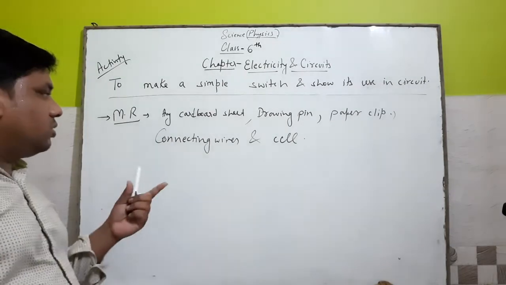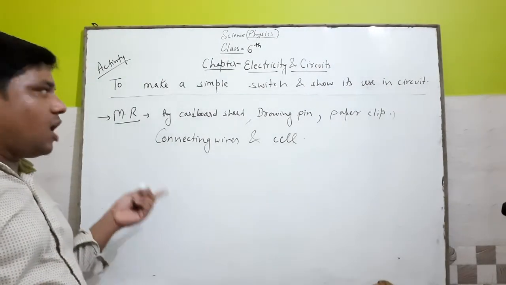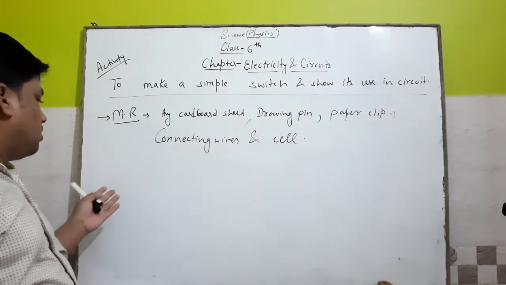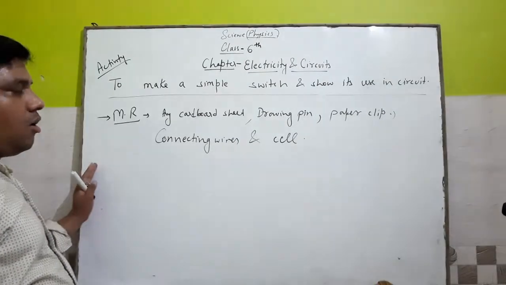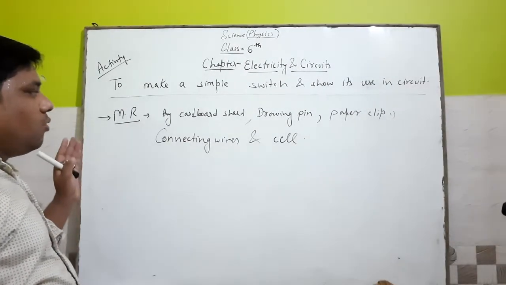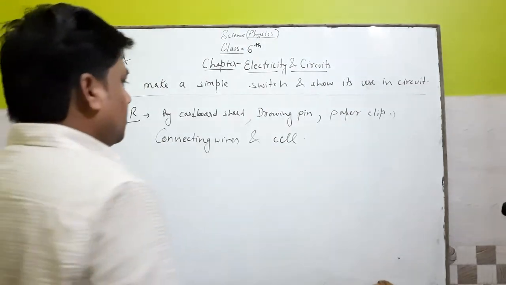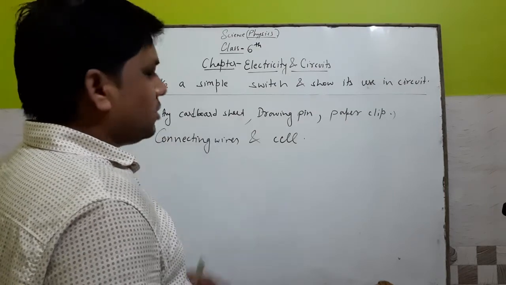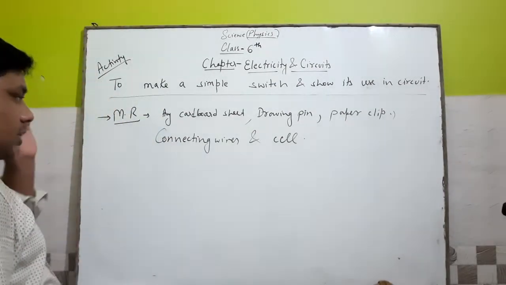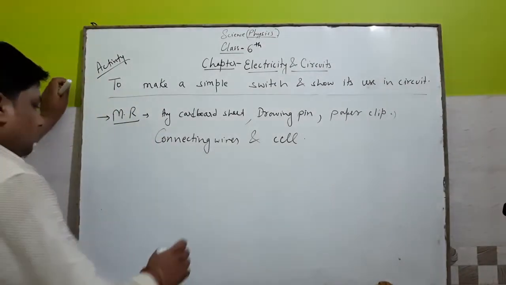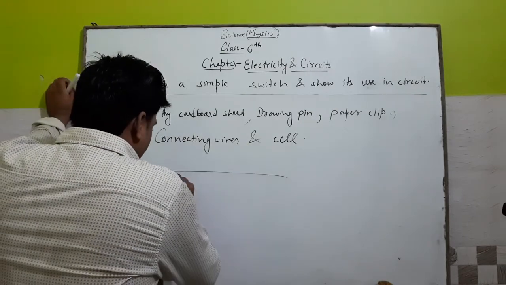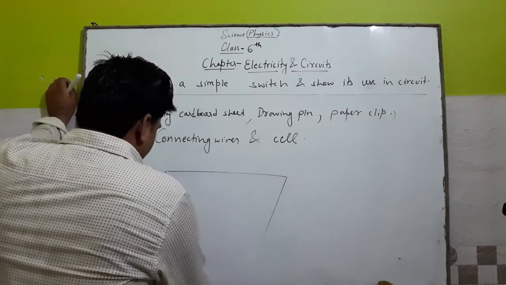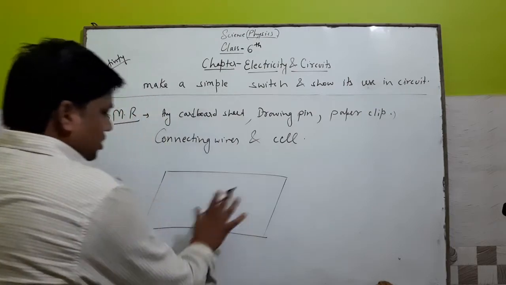We only have to see here how this activity gives the result, how to do this activity, and how to arrange these materials to form the circuit. Let's see here. Suppose this is your cardboard.